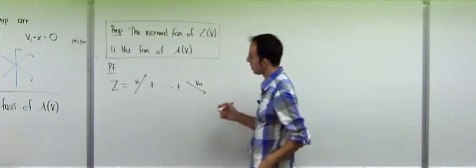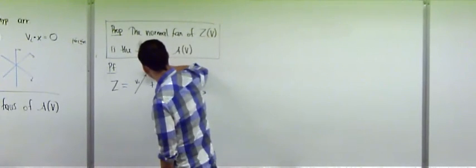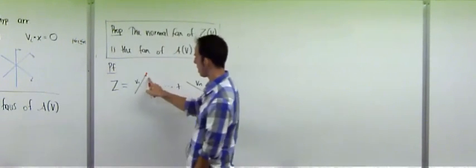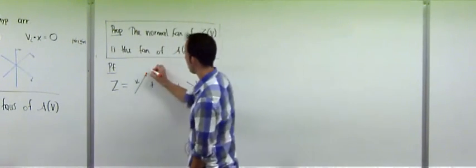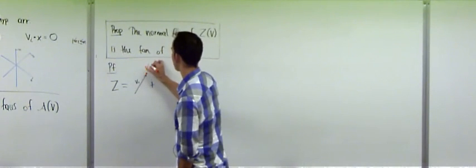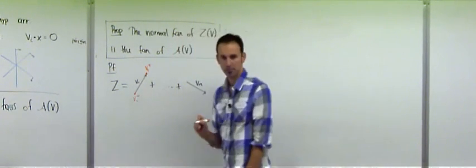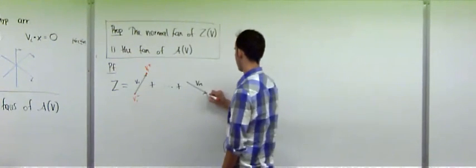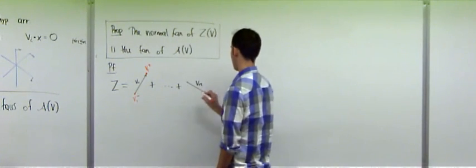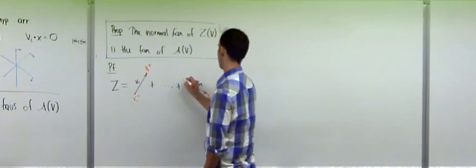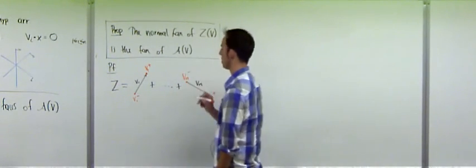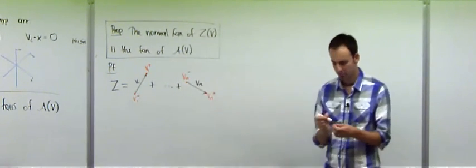Let's call the head of V1 plus and the tail V1 minus. Okay. And this is Vn plus, and this is Vn minus. Okay.